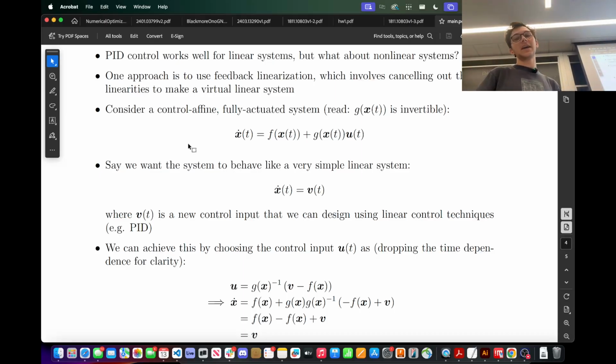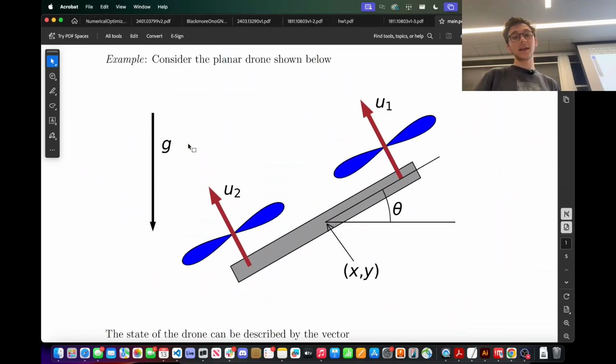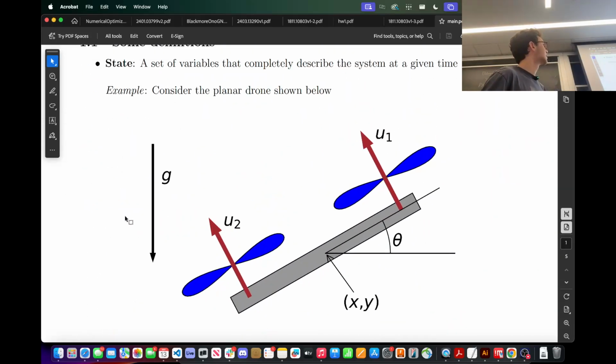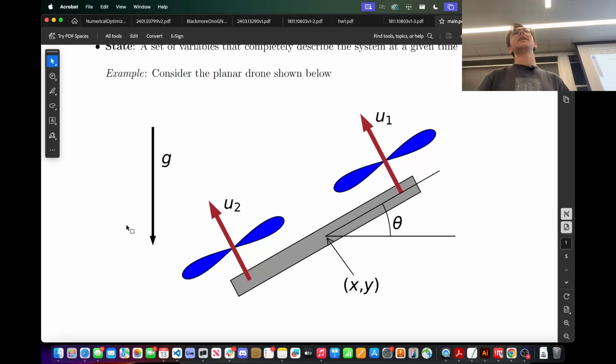So if we look at this guy, can somebody tell me if this is fully actuated or not? You can just guess, it's maybe slightly difficult to just know. But if anybody has any inkling, can I control all of the degrees of freedom of the system completely independently from one another? Think about it for a second.